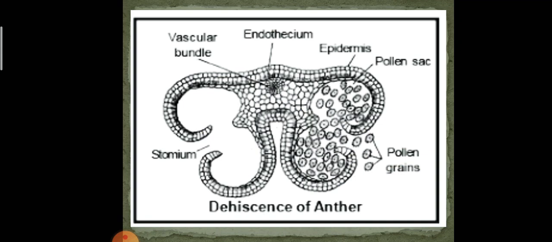From this one lobe, n number of pollen grains are produced, and when their number increases, they ultimately rupture the outermost wall at the stomium and release n number of pollen grains. If you touch the anther at maturity, you will observe a few dust-like particles on your fingertip. That is nothing but the dehiscence of the anther.